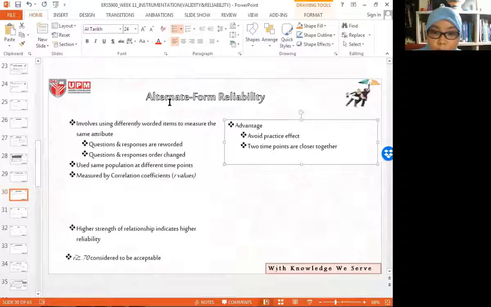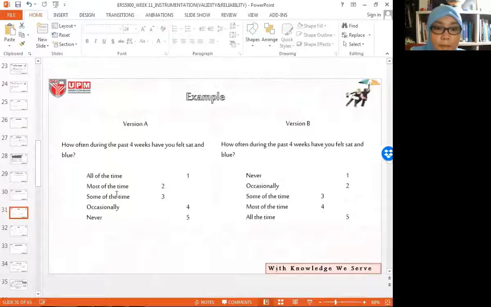Okay, so we use alternate form reliability, for example, when the interval from the first attempt to the second attempt is close to one another. For example, you want just one week between the first attempt and the second attempt. Okay, this is the example.